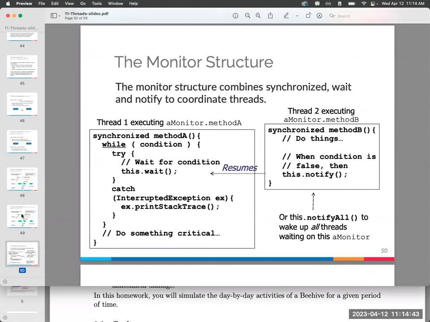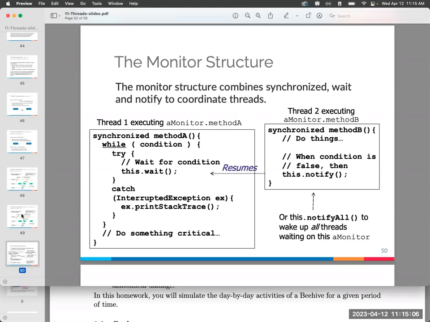The documentation says that every object in Java is associated with a monitor. This means that any object can be used as the lock, as the mutex that determines mutually exclusive access to that resource or mutually exclusive execution.